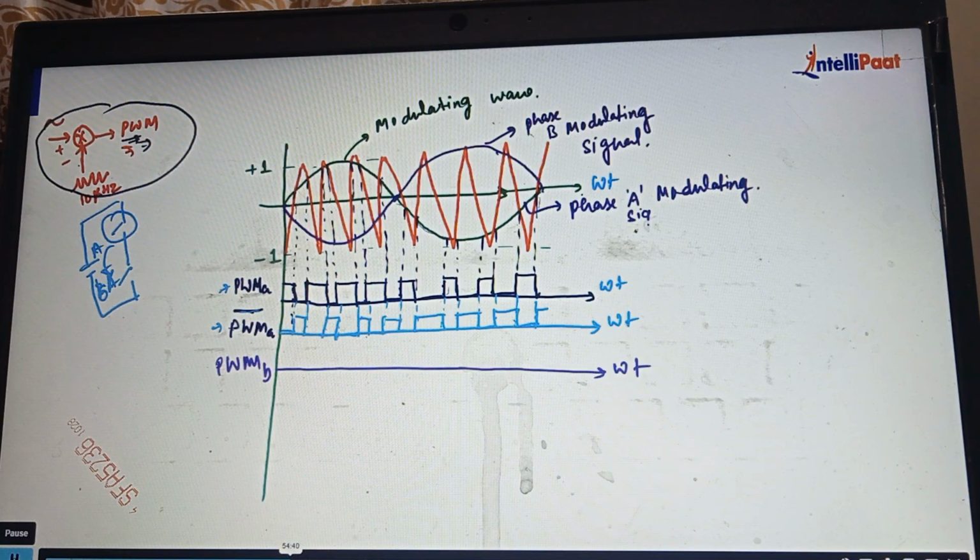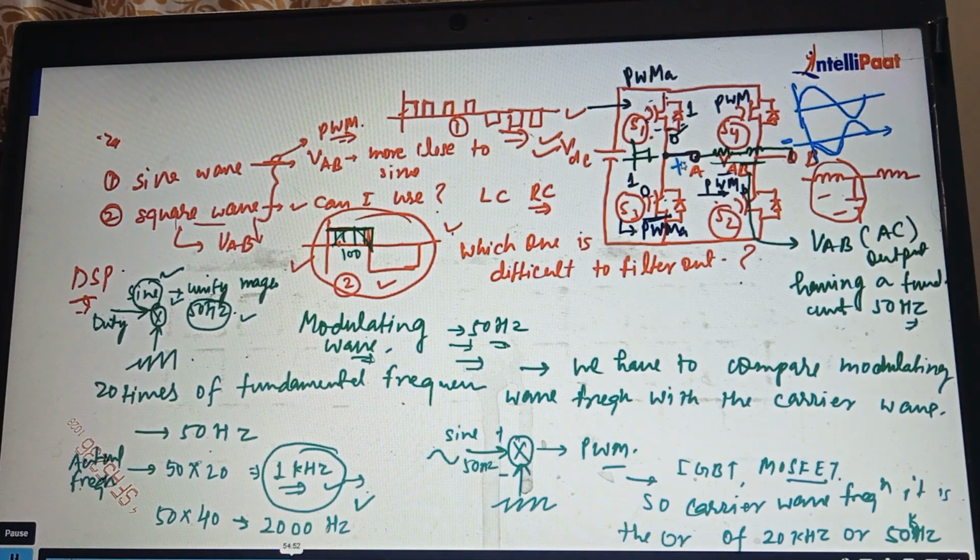Are they 180 degrees apart? Yes. At potential A and B, you can compare. This is positive, this is at negative potential. Correct? So the potential at A is 180 degrees phase shifted from the potential at B.